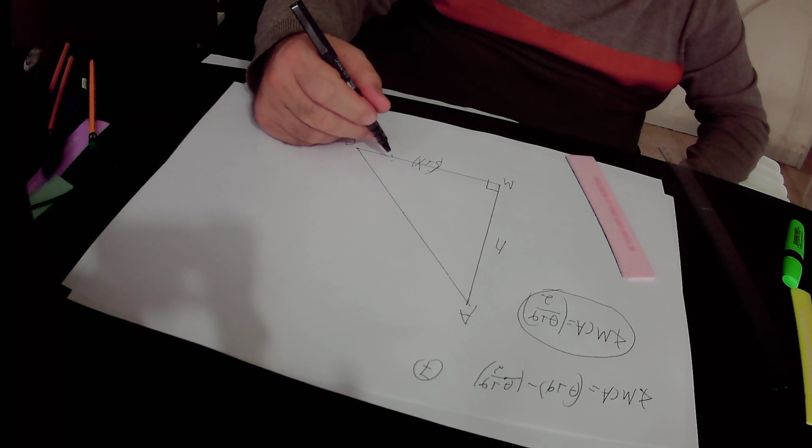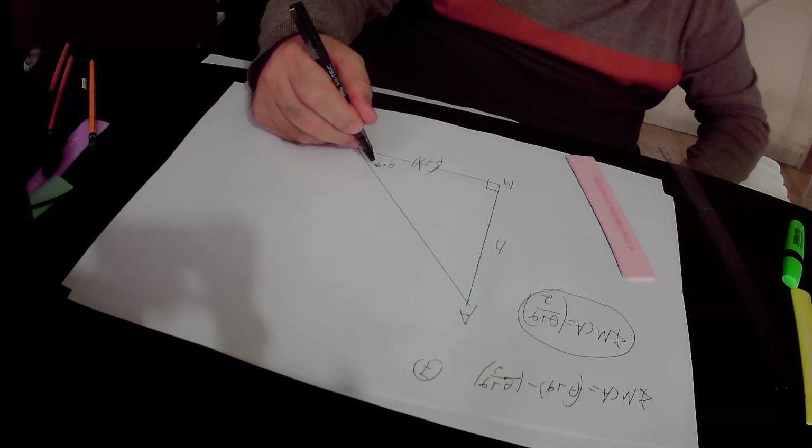So we found out that angle MCA, this angle, equals theta plus alpha over 2.